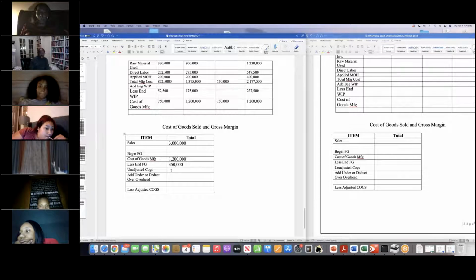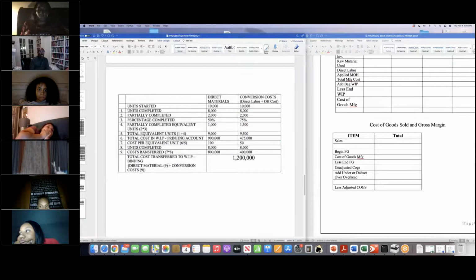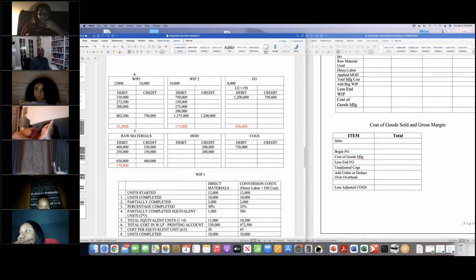So our unadjusted is $750,000, which is what was in that journal entry. And we don't have any over or under applied overhead. We assume that worked out. So we have $750,000, which once again is the amount in this cost of goods sold account, $750.